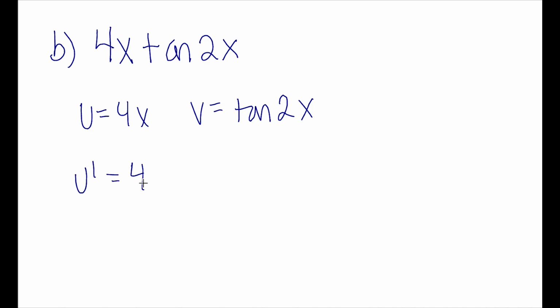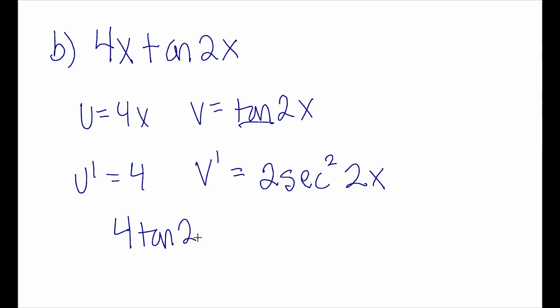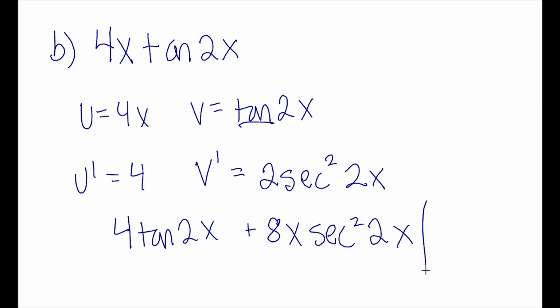Therefore, u prime is 4, and for v prime, multiply by 2, change it to the proper trig function, which here is secant squared, and you leave the coefficient with the x. Now we cross multiply. 4 tan 2x plus 4x times 2 is 8x secant squared 2x. And that's the derivative.